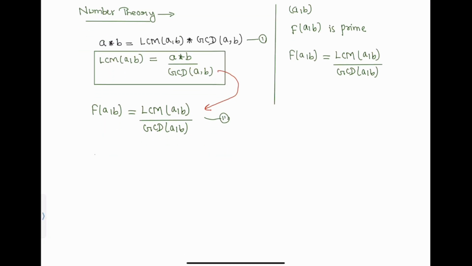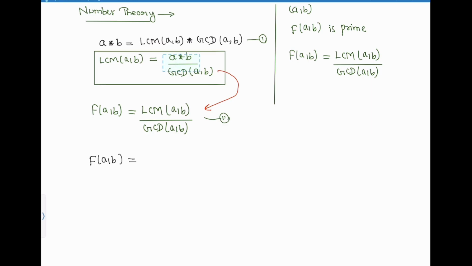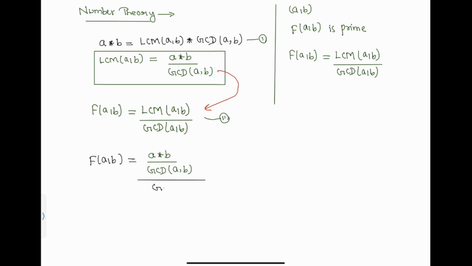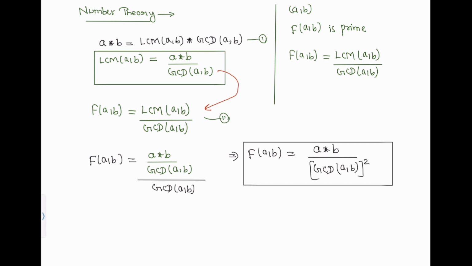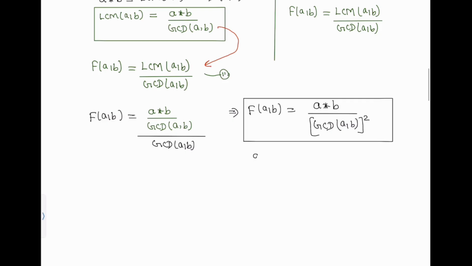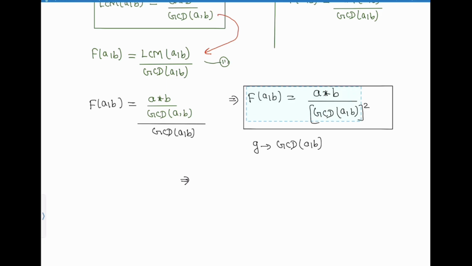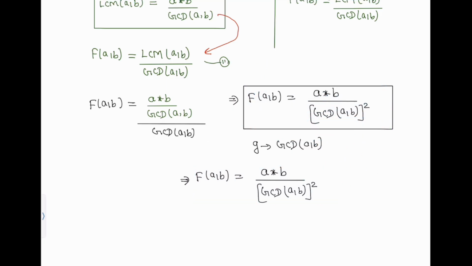If we do that, we get f(A, B) equals, instead of LCM, this value divided by the GCD of A and B. So f(A, B) is actually equal to A multiplied by B divided by the GCD of A and B squared. Now, since we are writing GCD over and over again, let's represent GCD with G. So f(A, B) is equal to A times B over G squared.